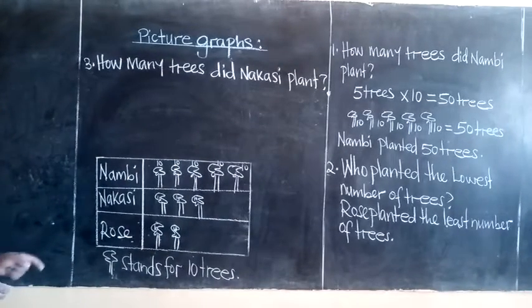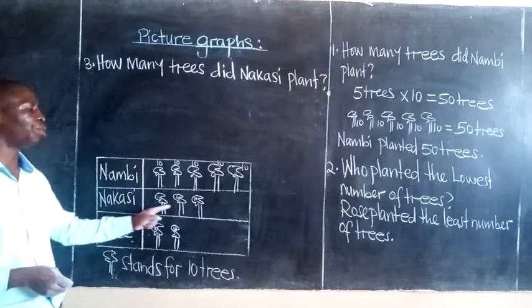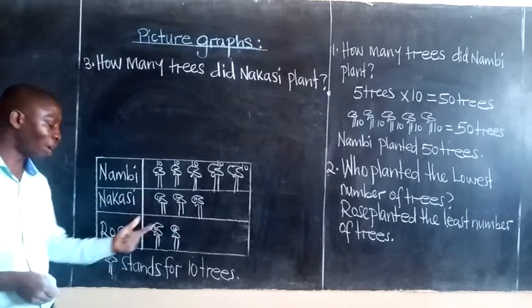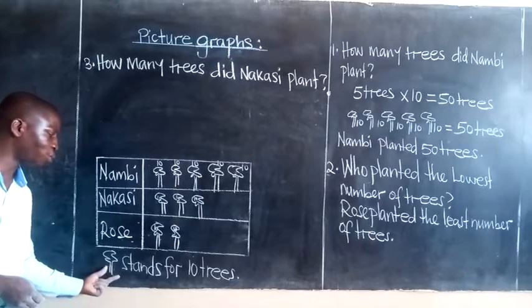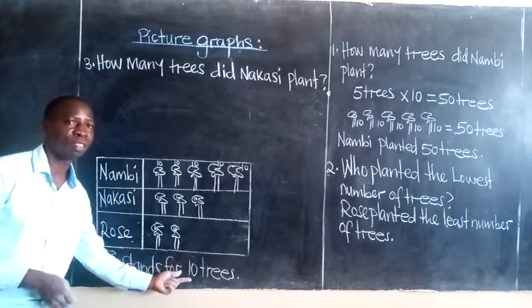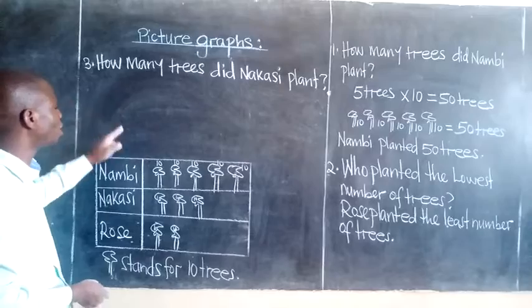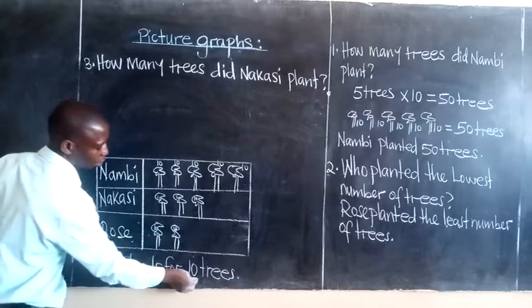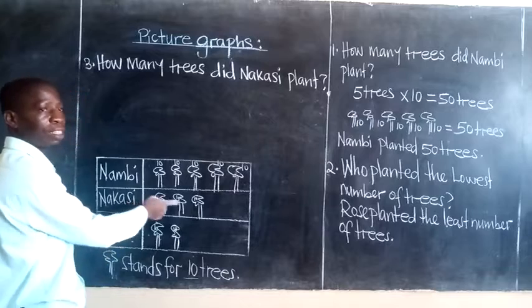So what does that mean? You will not tell us that Nakasi planted 3 trees. The pictures are 3, but now the scale is telling us that 1 tree represents 10 trees. So you will not tell us that Nakasi planted 3 trees because we have our scale. Wherever you see 1 tree, that is 10.